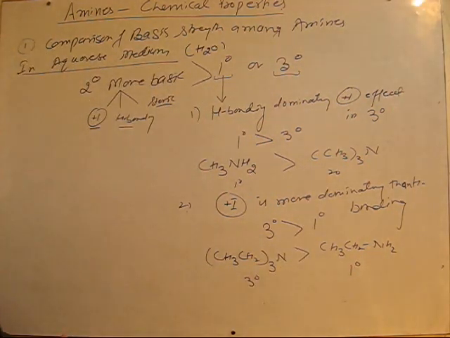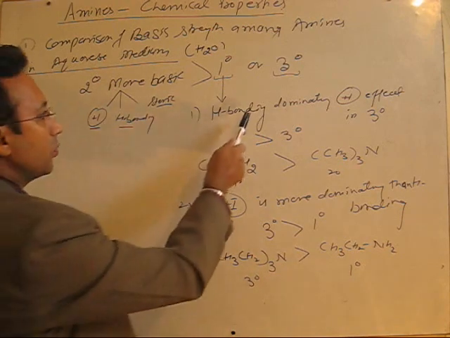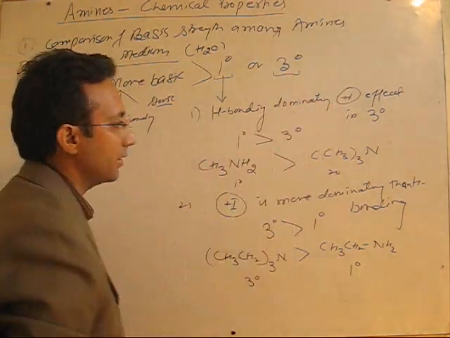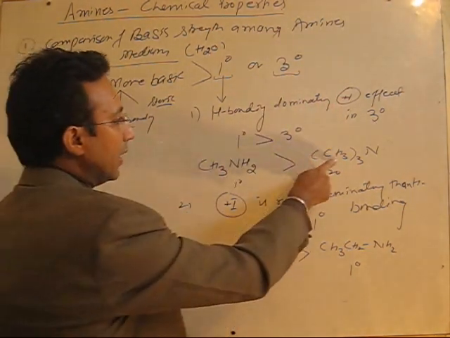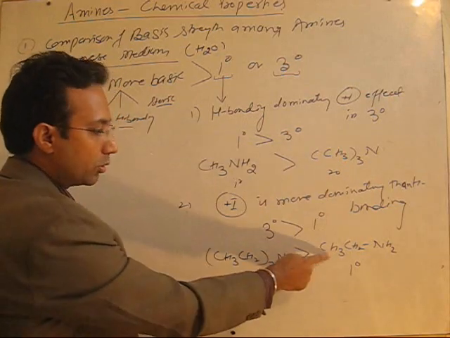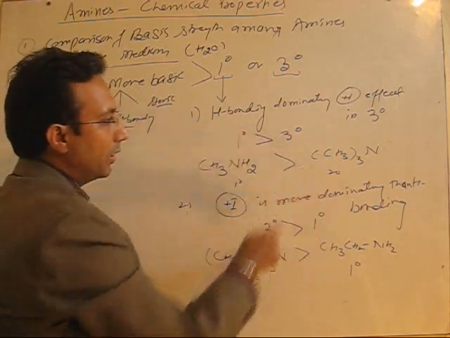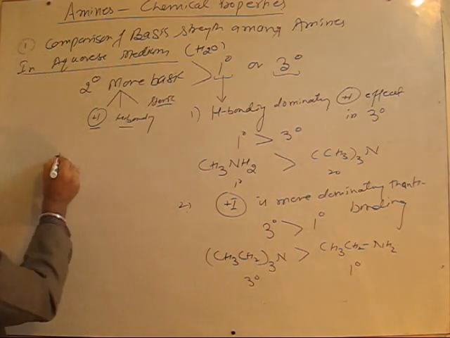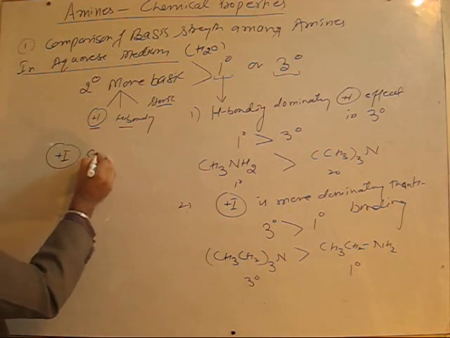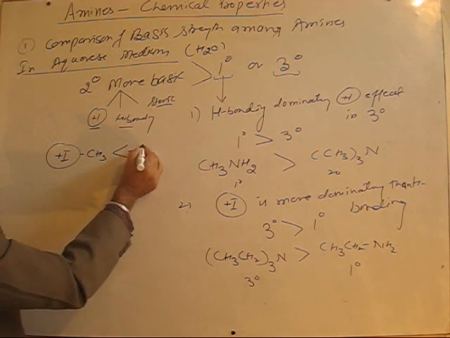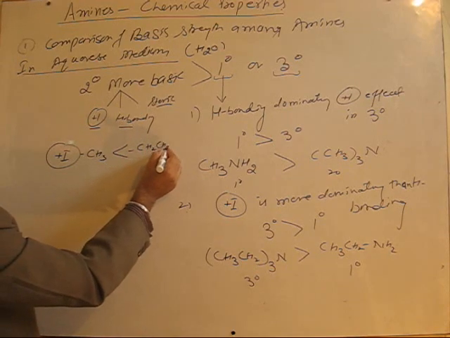Now you see here one very important thing: why is H bonding dominating the plus I effect here? Because we know methyl is a smaller group as compared to the ethyl group. So the plus I effect of the methyl group is less than that of the ethyl group.